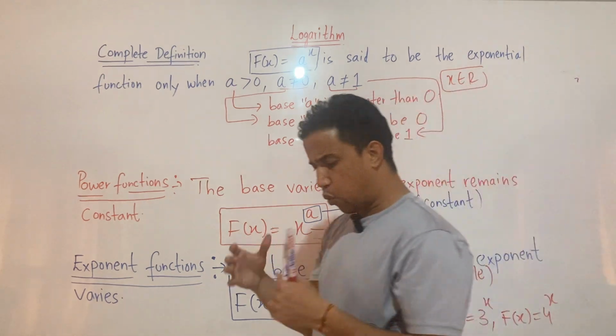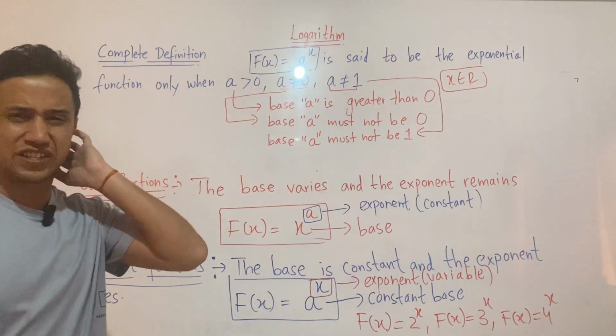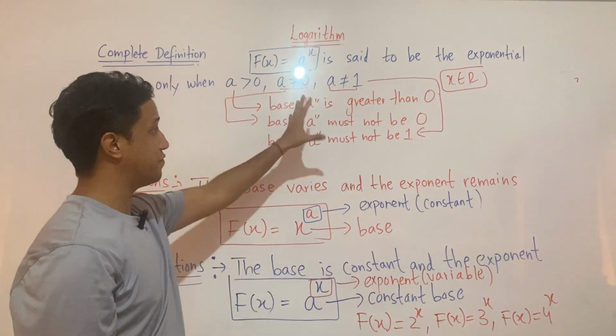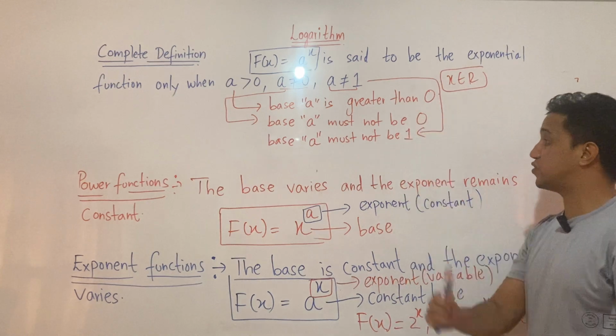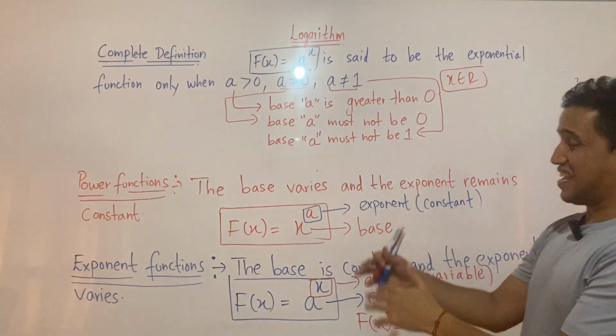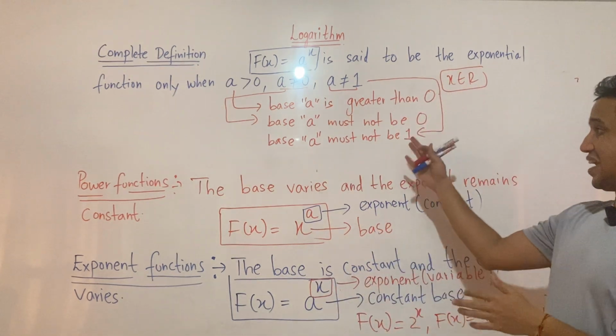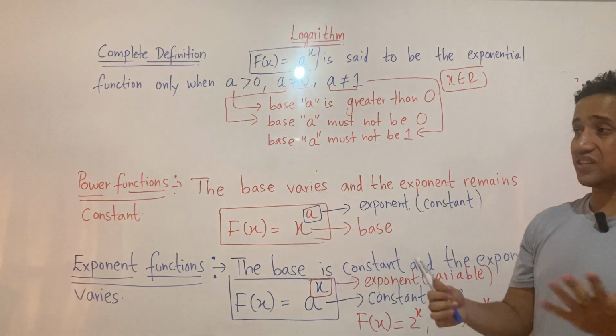Now here is one thing that most of the time students are confused about: the base a must be greater than 0, and a is not equal to 0, and a is not equal to 1. What does that mean?